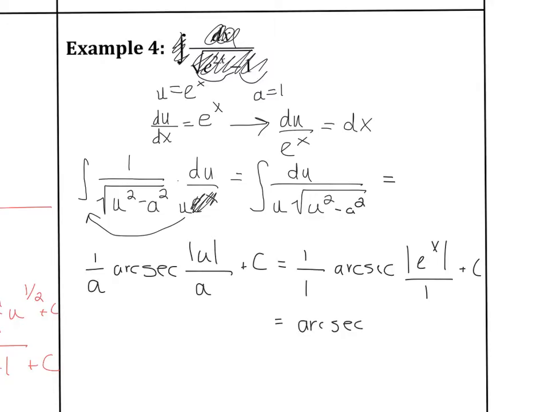And we can even drop the absolute value brackets because e to the x is always non-negative. In fact, it's always positive. And there we go. Done. Probably put that in parentheses just for clarity. All right? Not too bad.